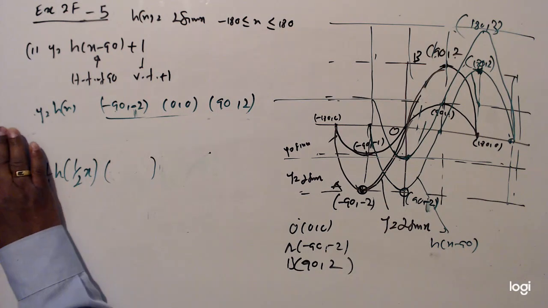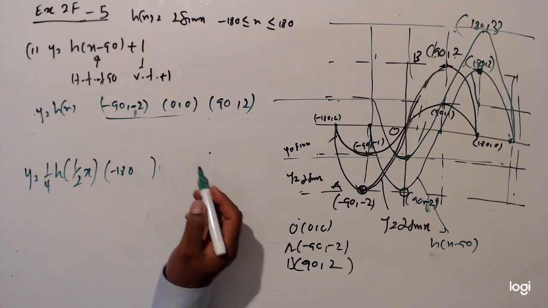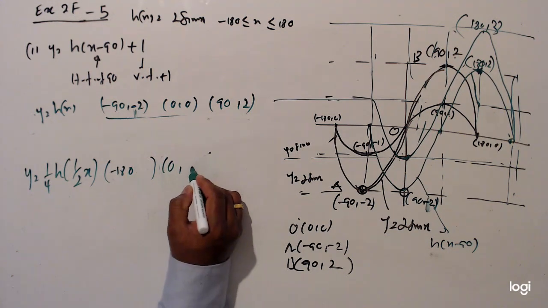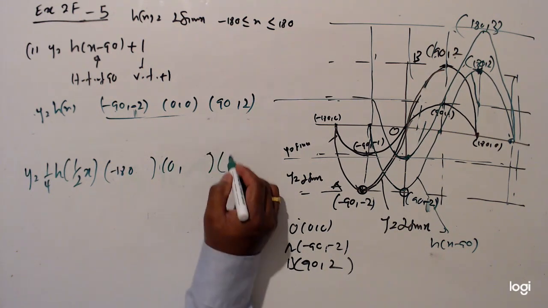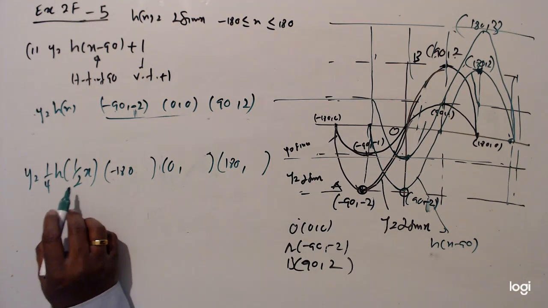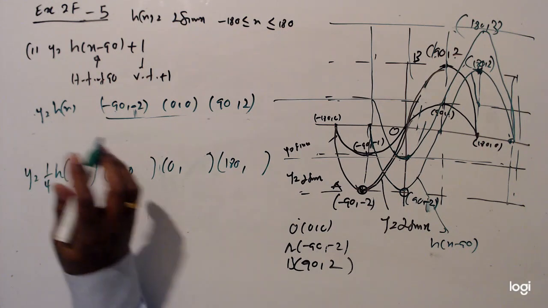So when you look at it now, the scale factor is 2. It is a horizontal stretch. All the x values we want to multiply by 2. Minus 90 times 2 is minus 180. This is 0 times 2, 0, and 90 times 2 is 180. And the y values now we want to multiply by 1 over 4 or divide by 4, both the same.